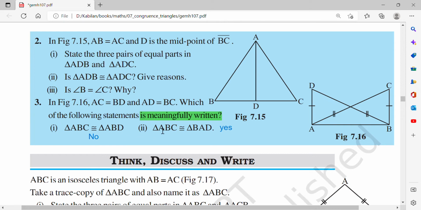This is meaningful: ABC is congruent to BAD, because this BC side is equal to the AD side. ABD is not right, because BC is not equal to BD. So this is not meaningfully written, but this is meaningfully written.